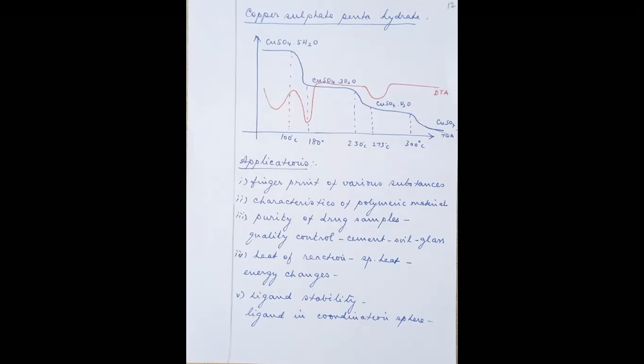And also, in the case of coordination complexes, ligand stability, whether the ligand is stable when it is separately present, or whether the ligand attains extra stability when it is present in the coordination sphere, and how it is bonded, all these ligand stability characteristics can be studied using differential thermal analysis. So these are all the important applications of differential thermal analysis.